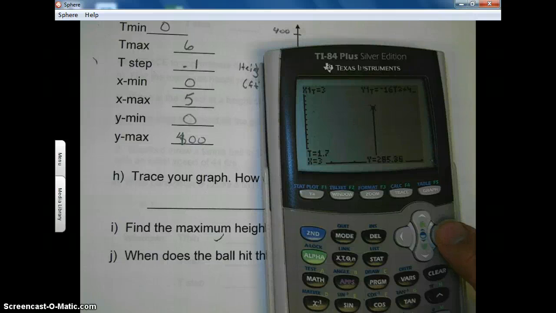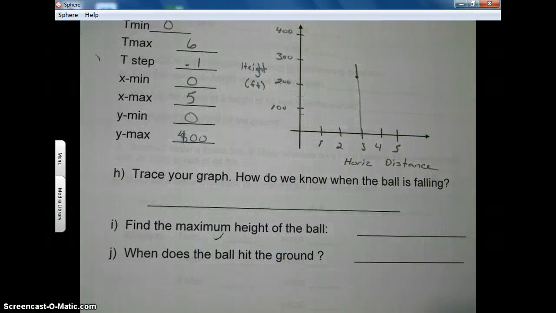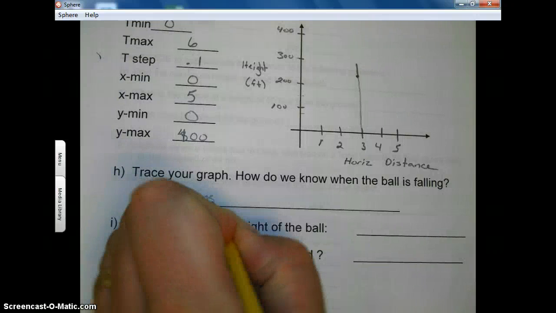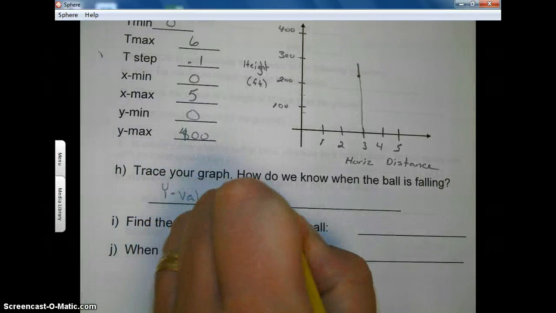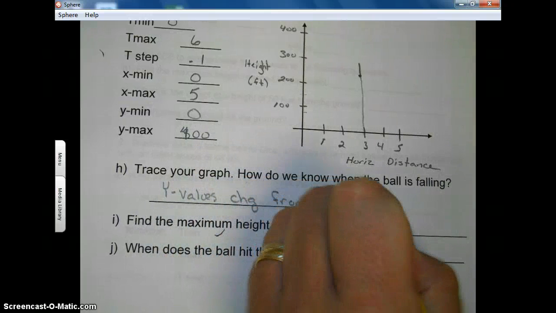Oh, what just happened? Going down. So we know the ball is falling when the Y values change from increasing to decreasing.